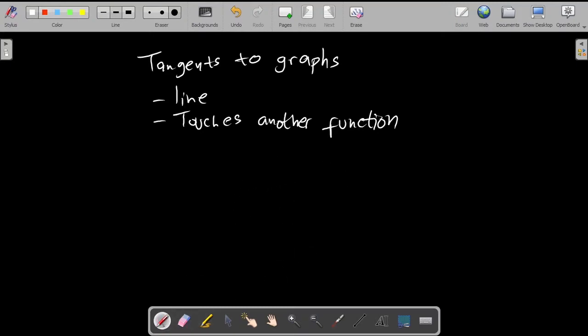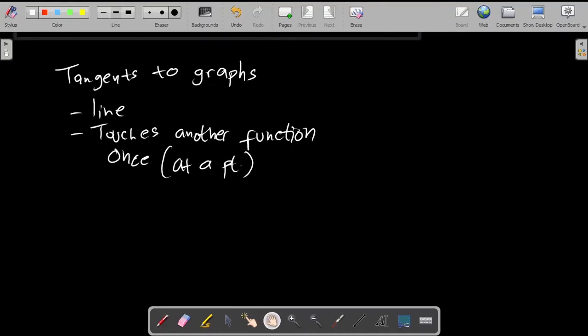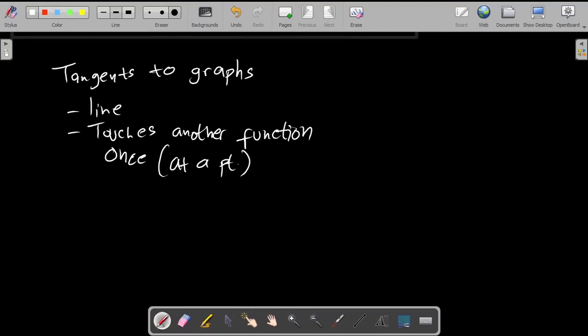It touches a function once, at one specific point. So one tangent can only touch a function once. So let's say we have that function over there, that graph, and we have a line which passes through there. It has to touch this function once for us to call it a tangent.